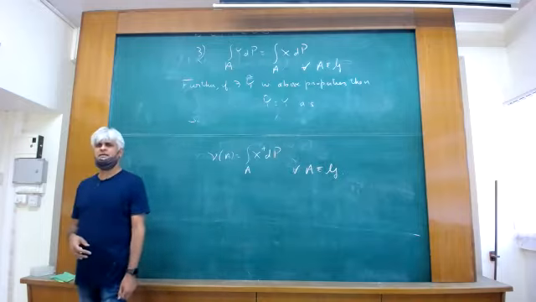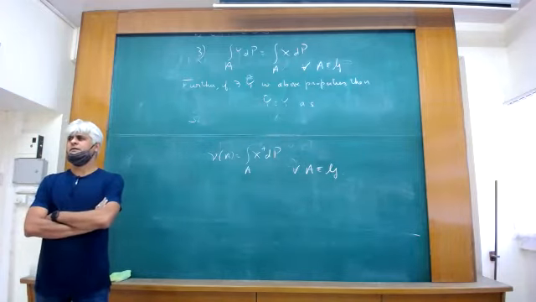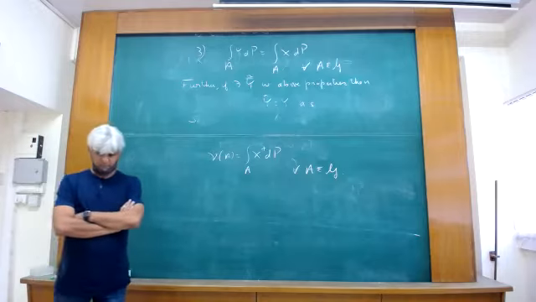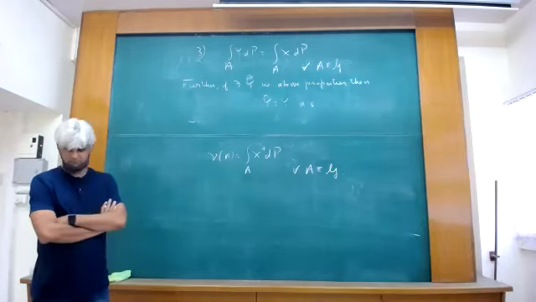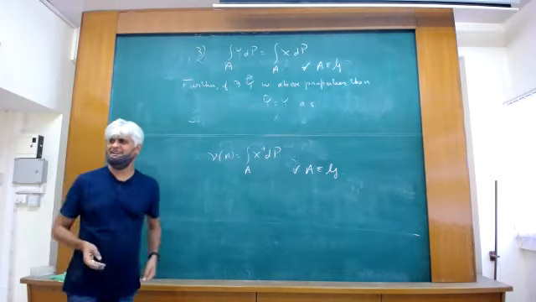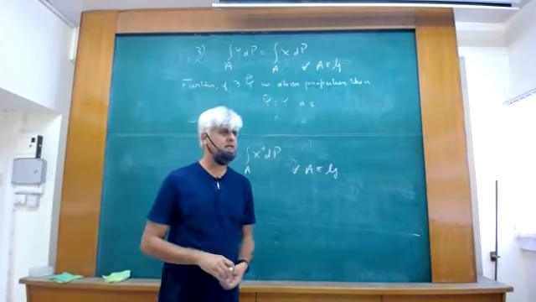I want to define nu plus. It would be a measure on the sigma algebra G, which is absolutely continuous with respect to P. Yeah, you got it. That's correct. Anybody else?